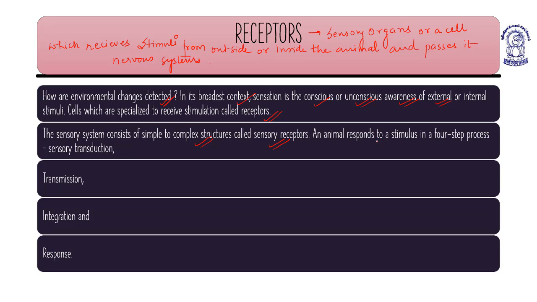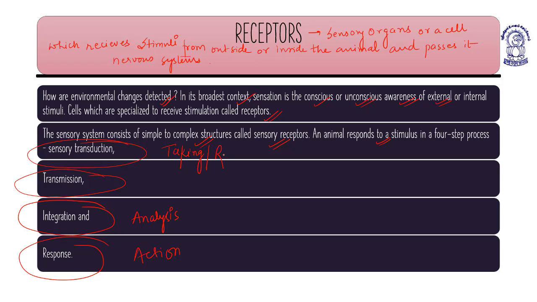An animal responds to a stimulus, or a change in the environment, in four basic steps. The first step is sensory transduction. The second step is transmission of that impulse. The third step is integration, meaning analysis of that impulse. And the fourth is the response, that is action. First is sensory transduction, meaning receiving the change or the stimulus.